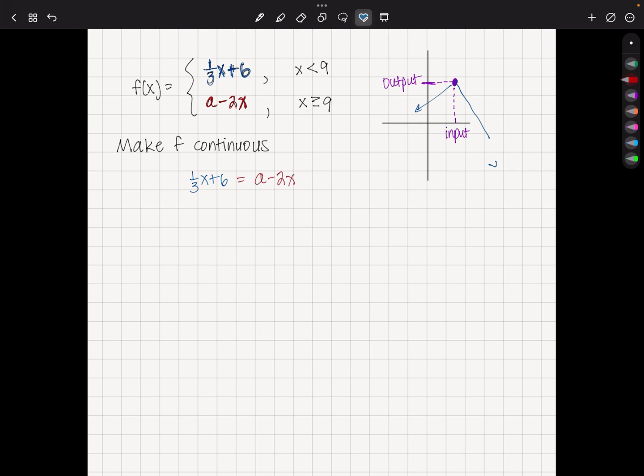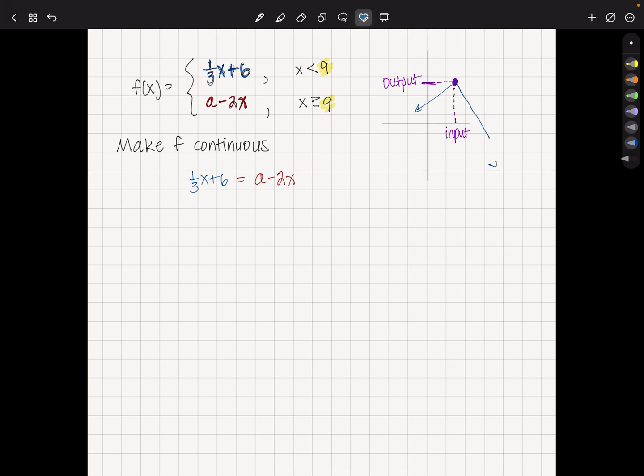And we want that to happen exactly when x is equal to 9, because that's where one piece of the function ends and the other piece of the function begins. That's where the two have a change in the graph.